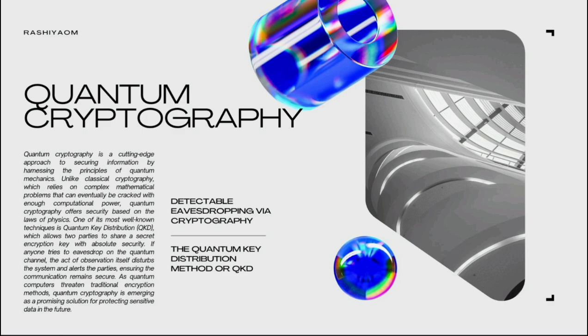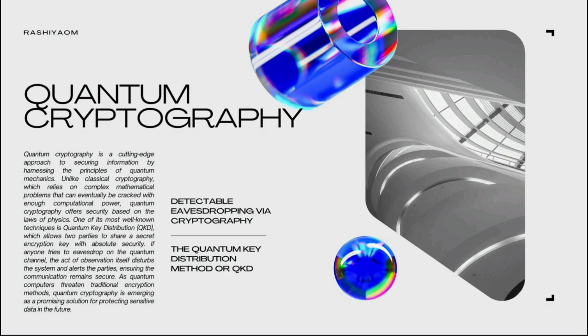The most well-known technique is quantum key distribution, which is QKD, which allows two parties to share a secret encryption key securely. If a third party tries to intercept the key, the quantum state of the particles changes, alerting both parties to the intrusion. This makes quantum cryptography potentially unbreakable by both classical and quantum computers, offering a new level of security for future communications.